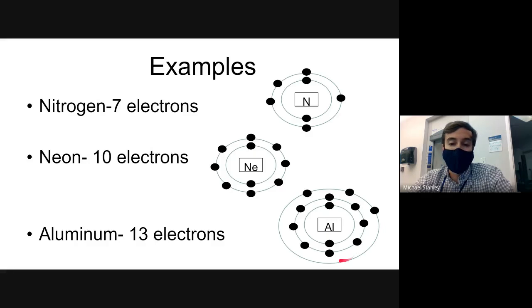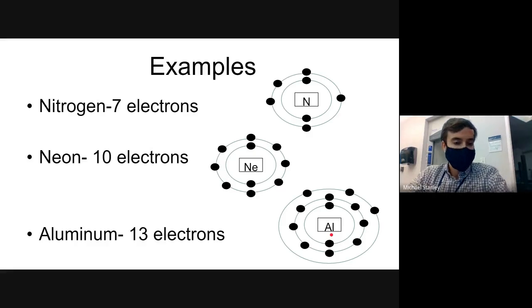So we can put 8 more down on the second shell, but now the second shell is full and we still have electrons left to go, right? We have 13 total. You put down 2, you put down 8, that gives us 10, but we still have 3 more electrons to go. So we've got to move out to the third shell and put 1, 2, 3 electrons down on the third shell of aluminum.